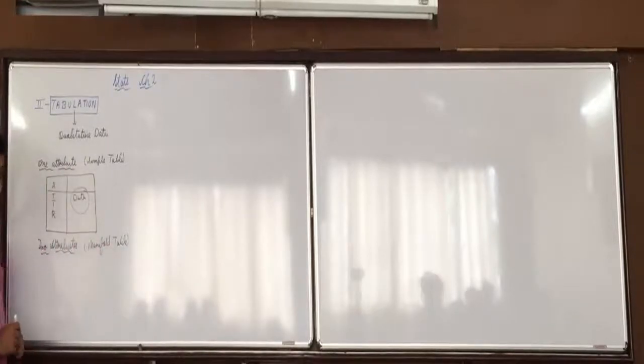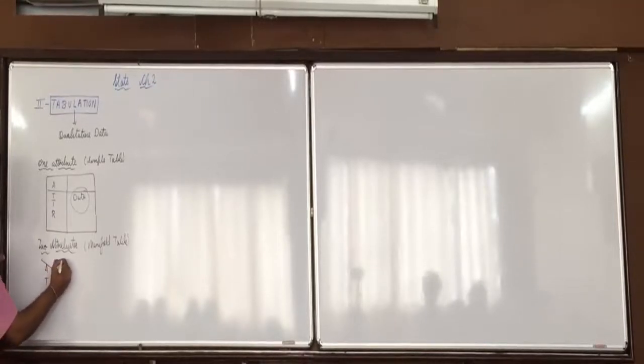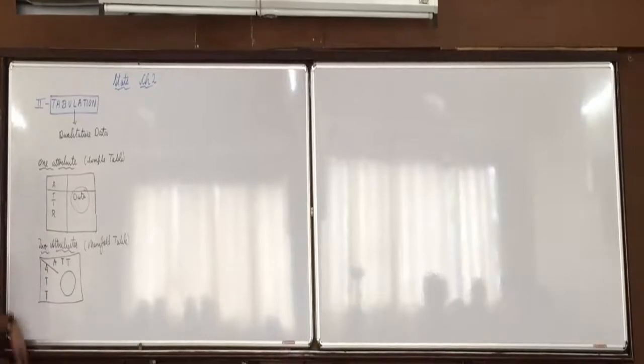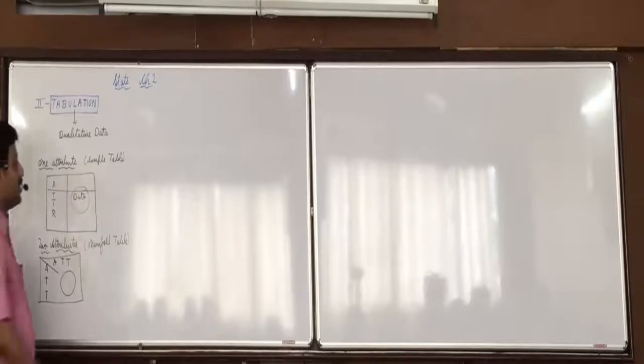For two attributes, one attribute you write in rows, one attribute you write in columns, and then you write the data.